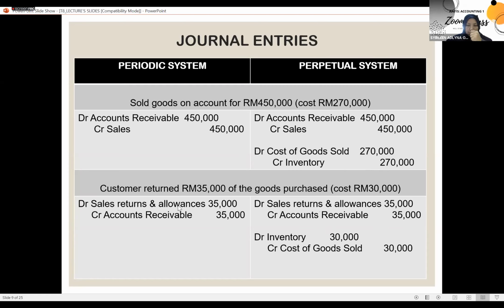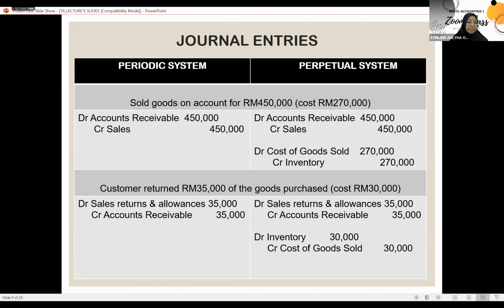So we have the same set of journals seperti periodic, but we have one additional journal bawah ni, di mana kita akan record returns pada harga cost. Just now you debited cost of goods sold. Sekarang kita nak kena kurangkan cost of goods sold kita, sebab orang tu pulangkan balik barang. So kita akan debit inventory sebab dia masuk balik dalam simpanan 30,000, and kita akan credit cost of goods sold with the same amount. So these are the journal entries yang you akan guna apabila kita buat perpetual system.